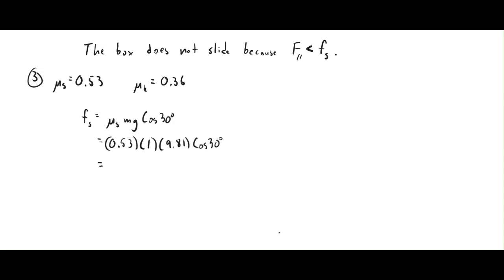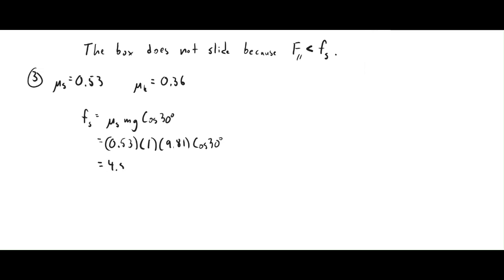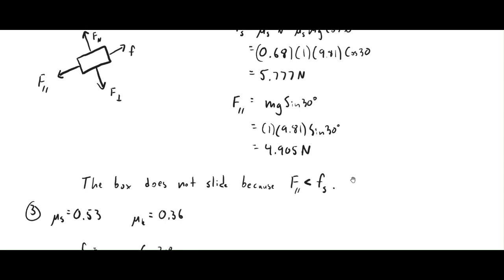Okay, let's figure out what this is. We have 0.53 times 1, we don't have to put that in the calculator, times 9.81 times cosine 30. Okay, so this time our static friction is a little less, 4.503. And as I mentioned before, our parallel component of gravity hasn't changed.